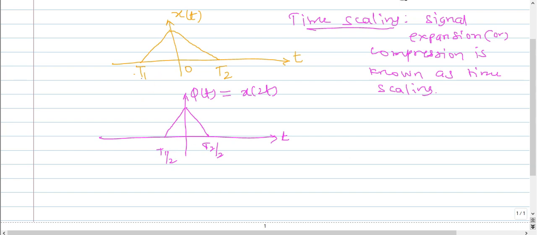Okay, so now you can see that whatever is happening in this signal at t1 is happening in this signal at t1 by 2, and whatever is happening here at t2 will happen in phi of t at t2 by 2. So this is compressed by a scale of 2.